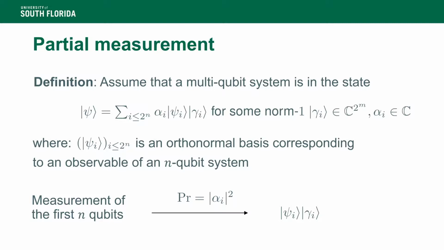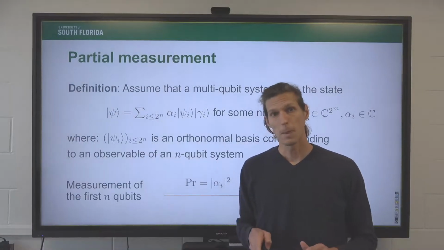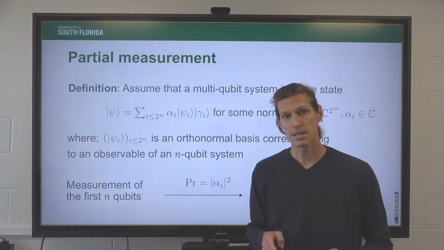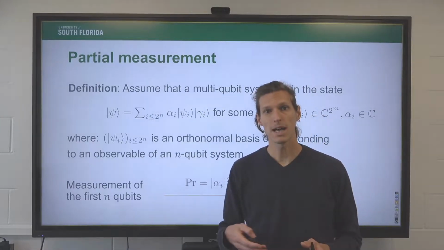And assume that you want to measure the first n qubits in a particular basis. So there are two different pieces of information here. First of all, I choose a basis in which to measure my first n qubits.